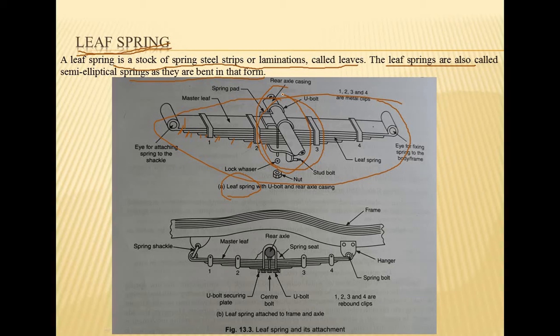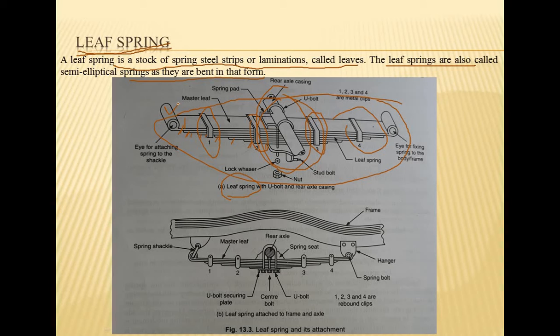Further, any slipping out of place of the leaves is prevented by holding the stack at several sections with the rebound clips. These are folded together with each of the leaves. Then the next characteristic, the longest leaf.